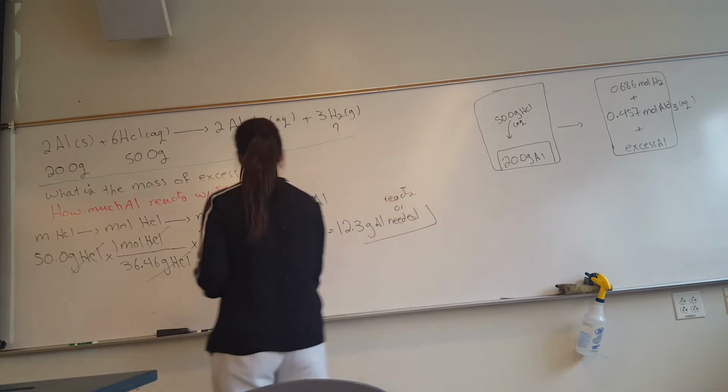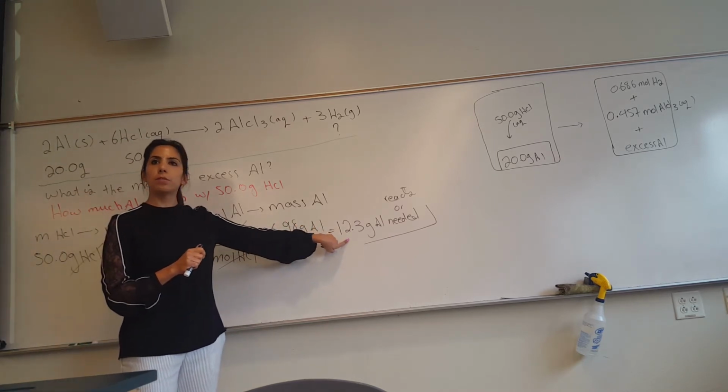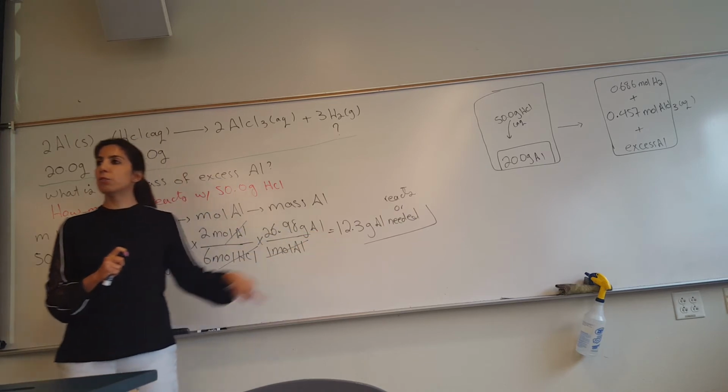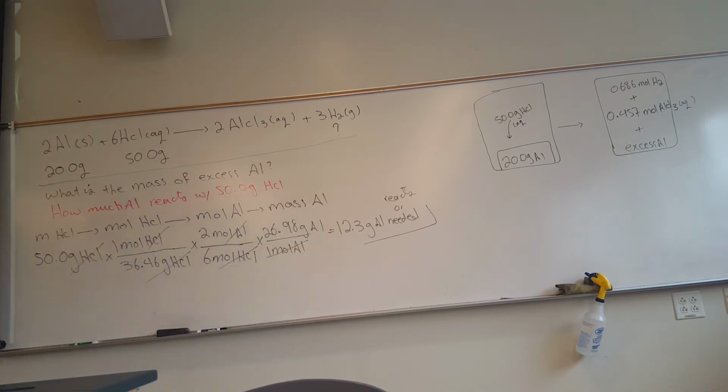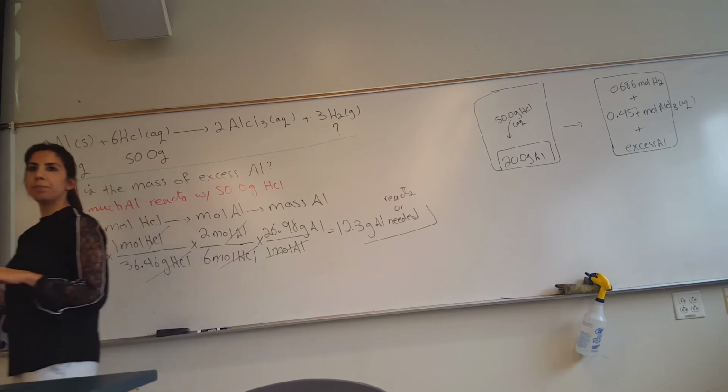So from this equation and calculation, I find out that for 50 grams of hydrochloric acid, all I need is 12.3 grams of aluminum. So based on the stoichiometry, the mole to mole ratio, all I need for 50 grams of hydrochloric acid is 12.3 grams of aluminum.